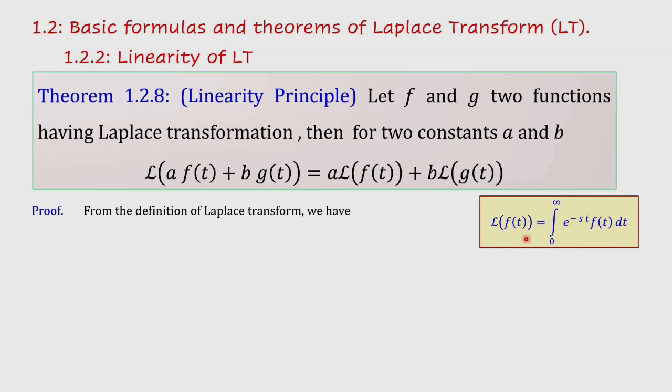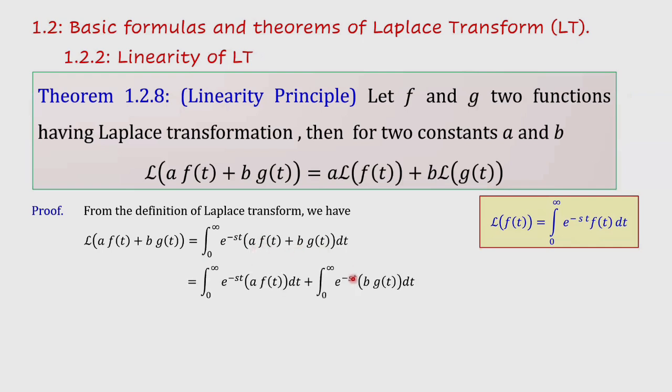Now f(t) will be replaced by a f(t) plus b g(t), and then we have L{a f(t) plus b g(t)} equals the integral from 0 to infinity of e to the minus st times (a f(t) plus b g(t)) dt, directly from the definition. Since in integration the constant can be taken out and we can separate the addition, we can rewrite it as the integral from 0 to infinity of e to the power minus st a f(t) dt plus the integral from 0 to infinity of e to the power minus st b g(t) dt.